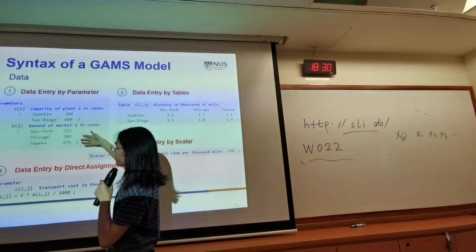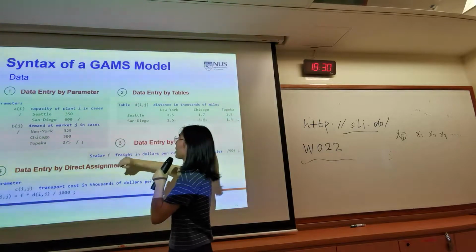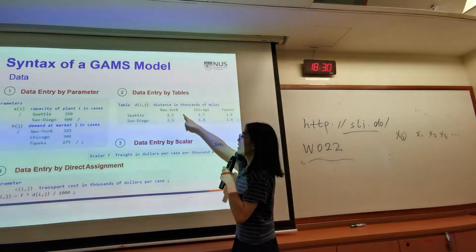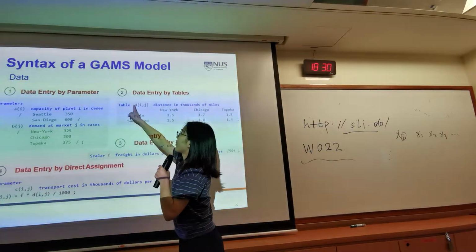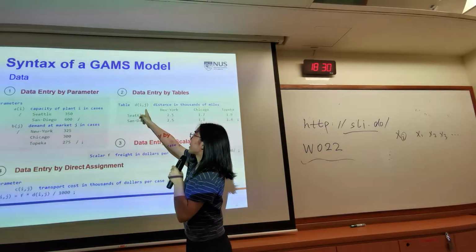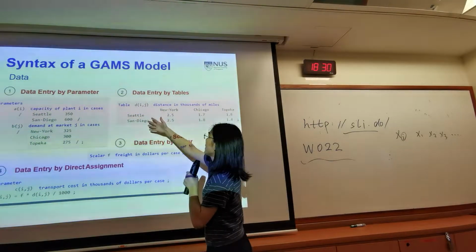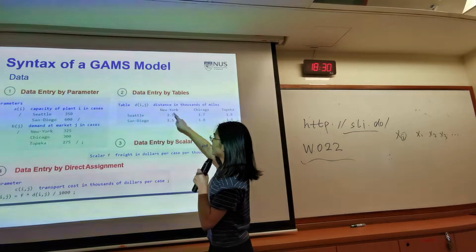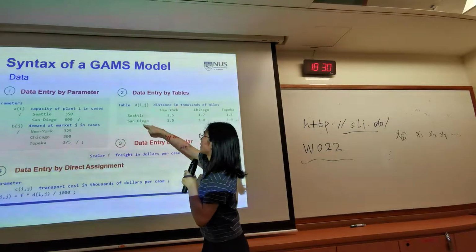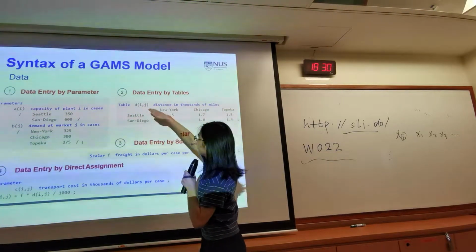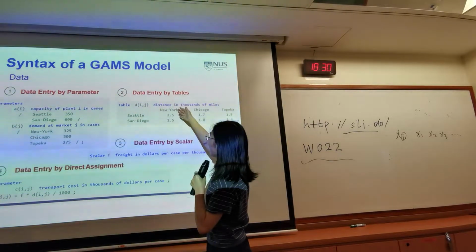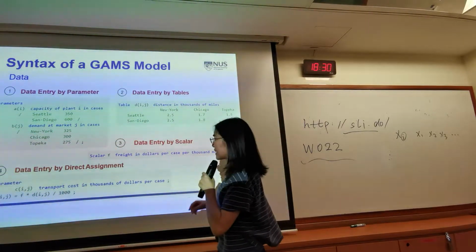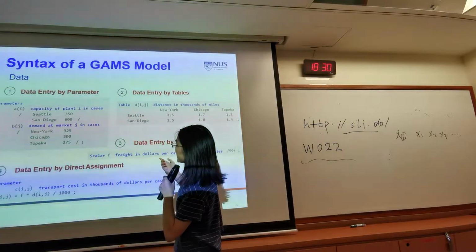So this is the first way of defining the parameter. The second way is data entry using tables, like this table, and then put your symbol and description, and then put it as a table, so that these two are the two indexes, and these are the values that are input into GAMS.